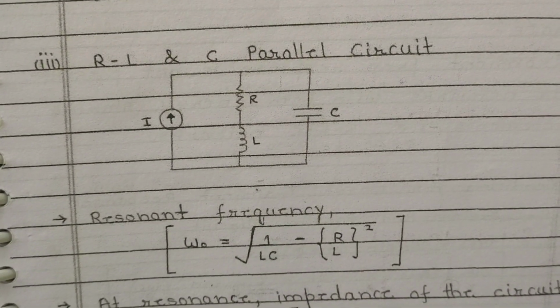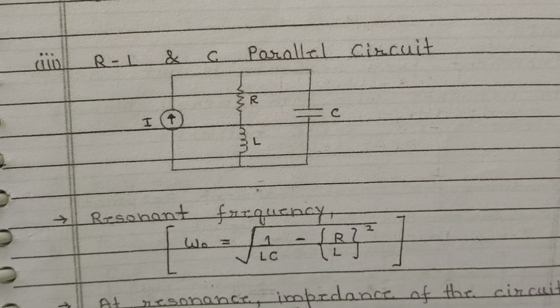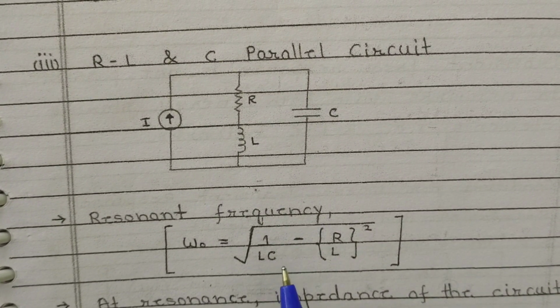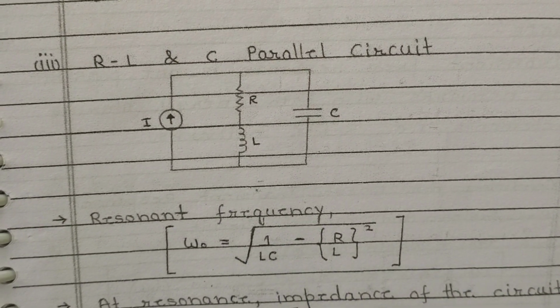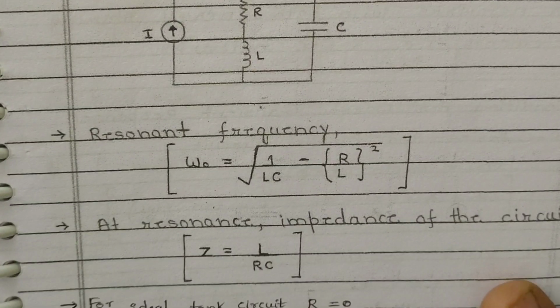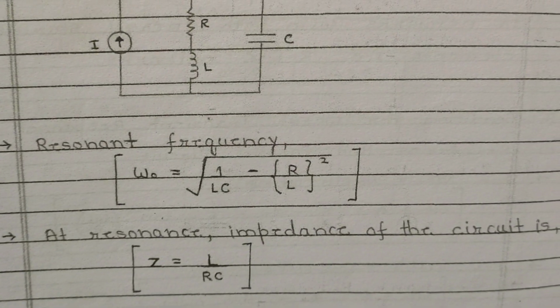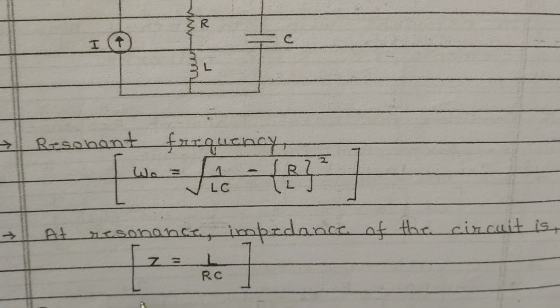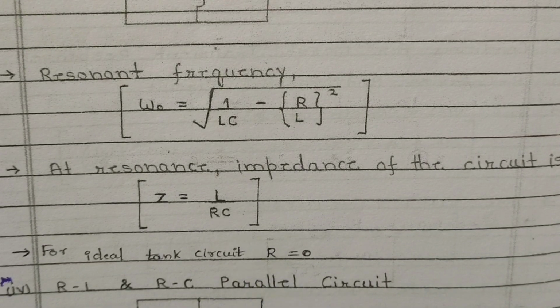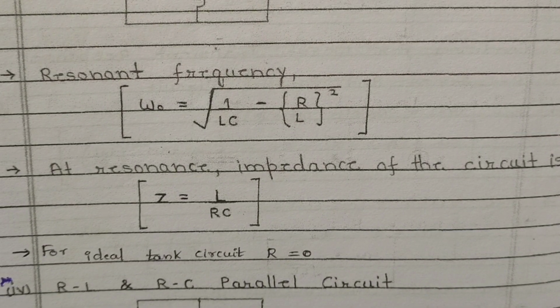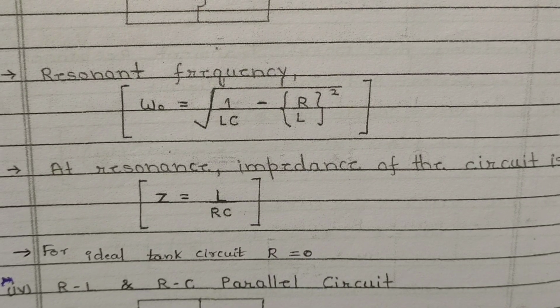This is the resonant frequency formula. At resonance, impedance of the circuit is given as L by RC. This you have to remember. For an ideal tank circuit, resistance is 0, then impedance will be infinite.